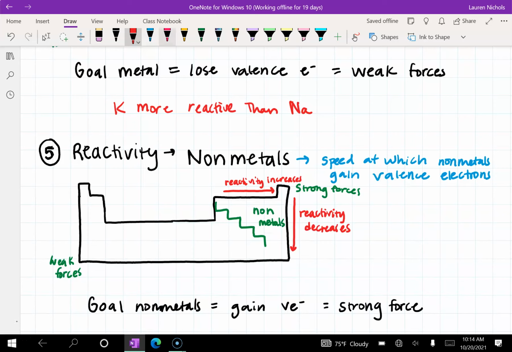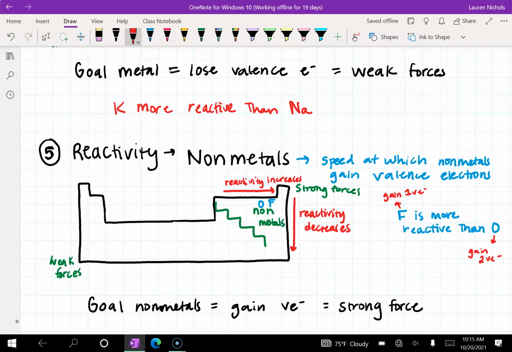So for example, if we're comparing oxygen to fluorine, we would say that fluorine is more reactive than oxygen. And it's because it has stronger attractive forces. We also know that fluorine has 7 valence electrons, so it only needs to gain 1 valence electron, whereas oxygen has 6 valence electrons, so it needs to gain 2 valence electrons.